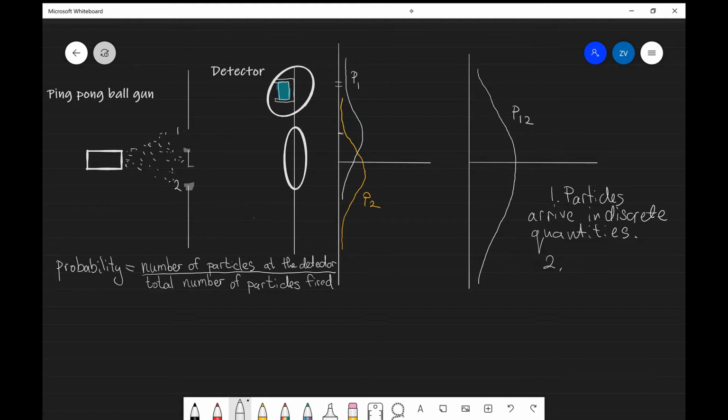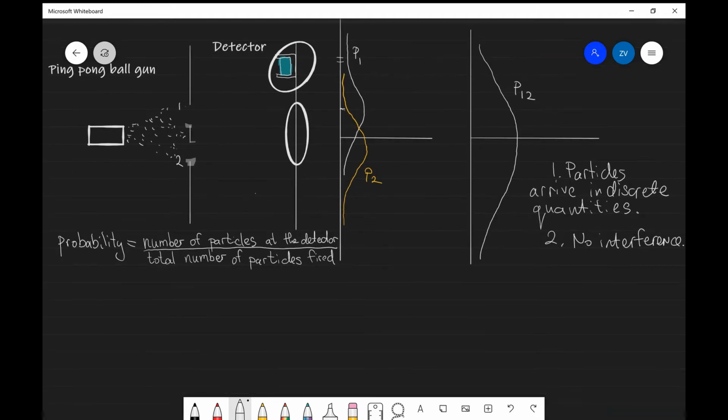The second observation that is really important for our observation of particles is that they show absolutely no interference. So there's no interference, unlike wave behavior where there is some interference. And finally, the probability with both slits open is equal to the probability of just slit number 1 open plus the probability of slit number 2 open.